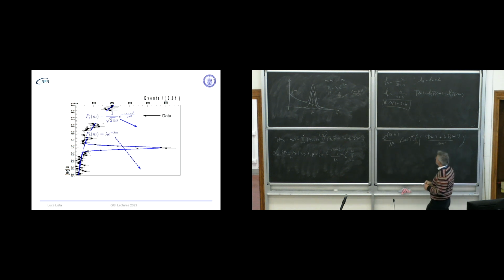So if I take minus logarithm of the likelihood function, it gives me s plus b plus the sum of s ps of mi plus b pb of mi. And this is something that I have to minimize.